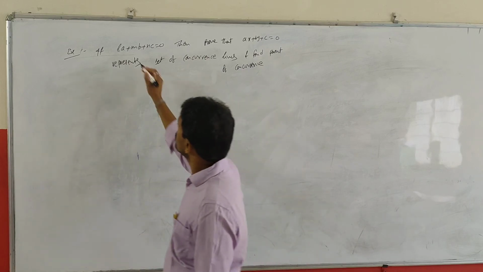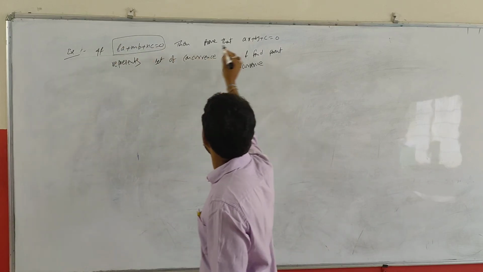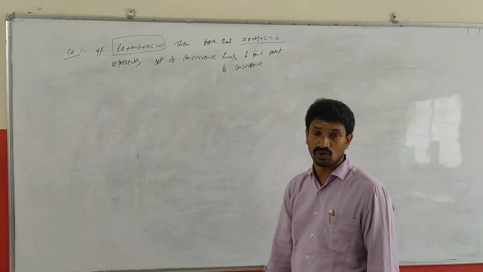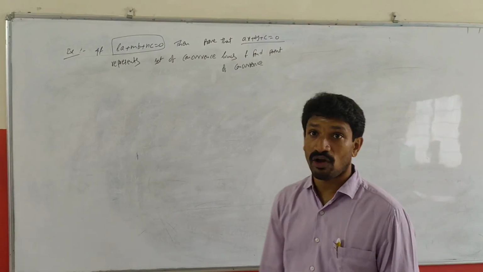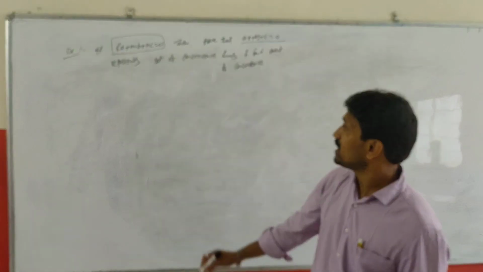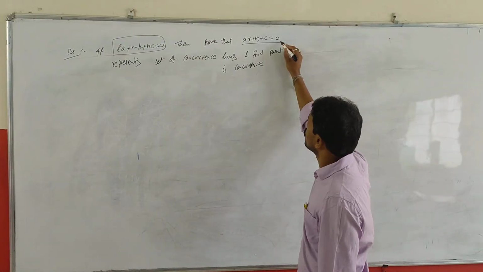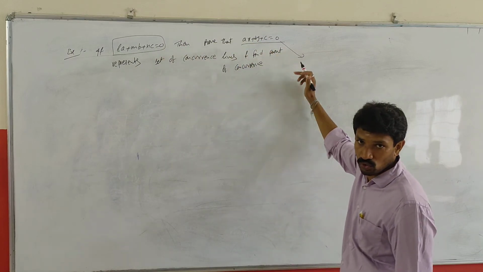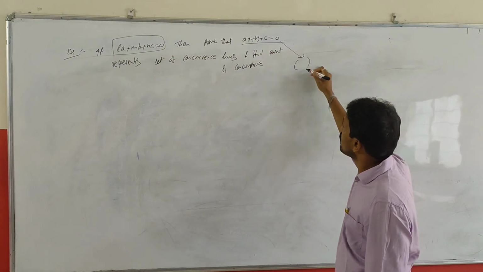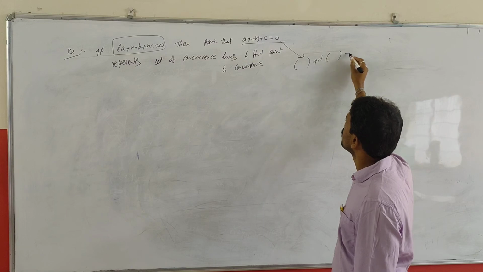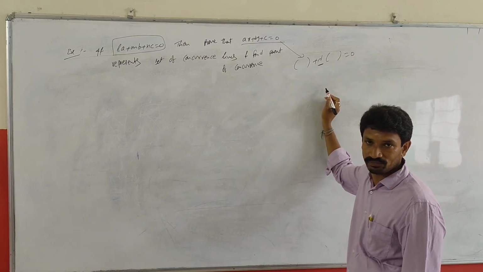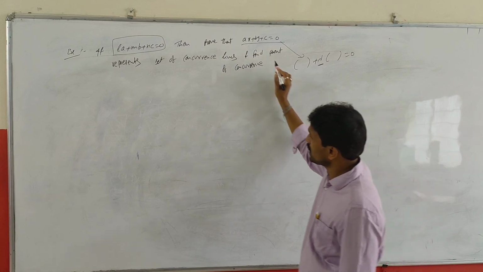See here, by using this condition, we have to prove that the line AX plus BY plus C is equal to 0 represents a set of concurrent lines. We have to write this in the form of something plus lambda into something is equal to 0. Here lambda means any constant value.